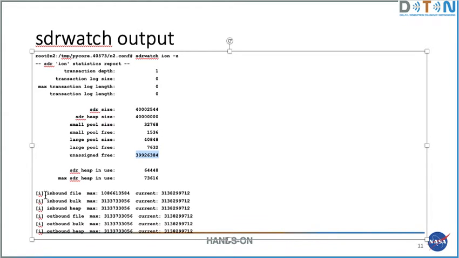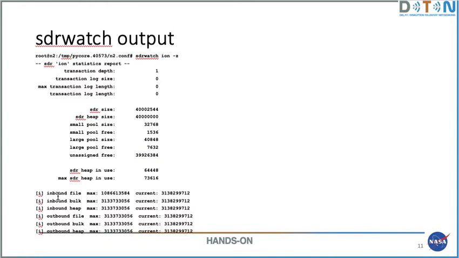And then we've also broken that out by available space for inbound data that's headed for a file, inbound data that's bulk, and stuff that's headed for the heap. And again, really the easy utility of this is, if any of these numbers start getting too low, that's an indication that you're running low on resources and need to dig into things further.